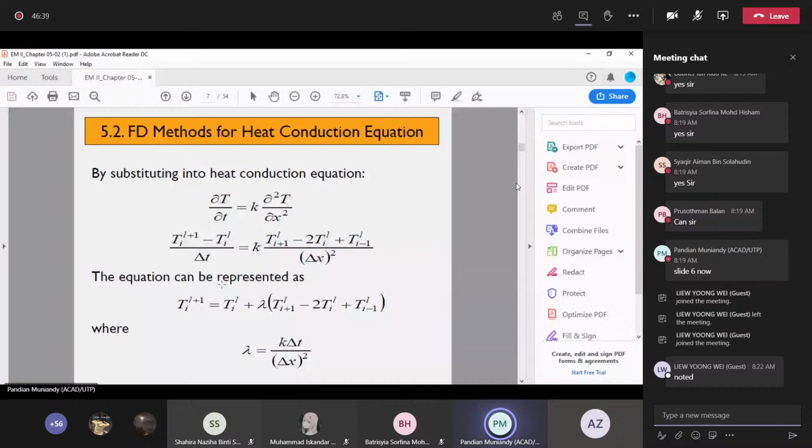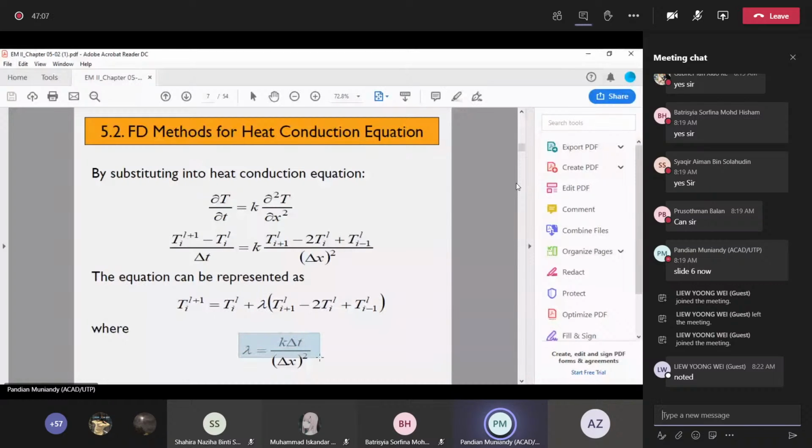This T subscript I superscript L plus 1 is on the left-hand side. So the minus T becomes positive T. And del t you bring to the right-hand side. It becomes K del t over del x squared, the common factor. This K del t over del x squared is called lambda.